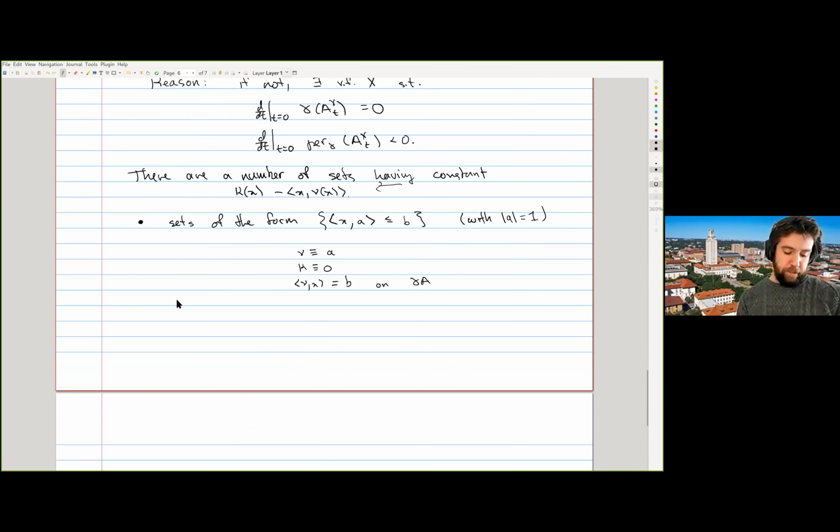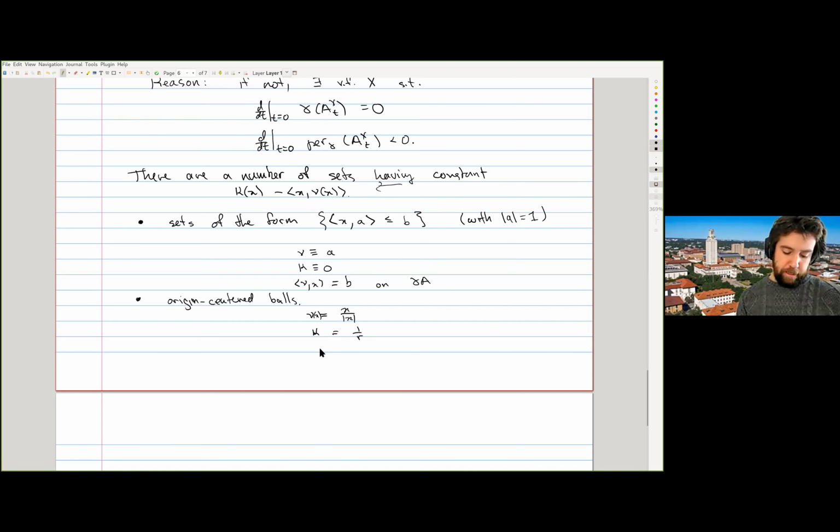Okay, but you have some others. One example is origin-centered balls. An origin-centered ball has outward unit normal equal to the normalized position. It has curvature equal to 1 over the radius.